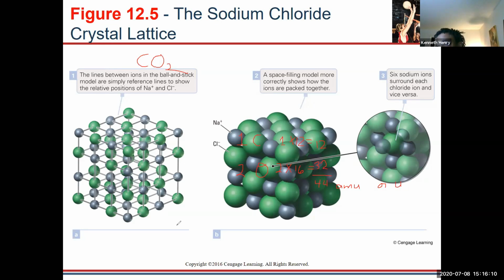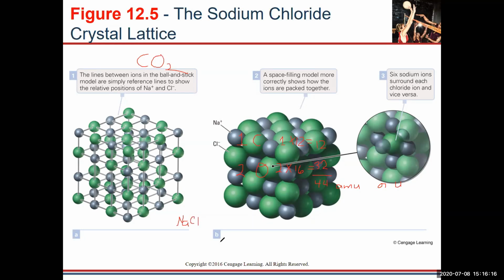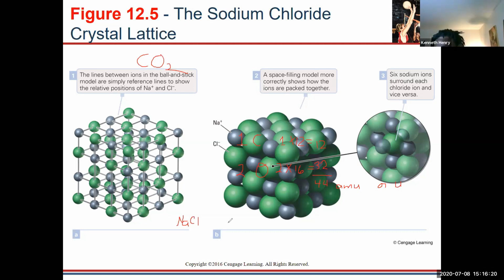So sodium, how many sodiums do I have in sodium chloride? You have 1, right? Okay, so I have 1 sodium. And then how many chlorides do I have? 1.